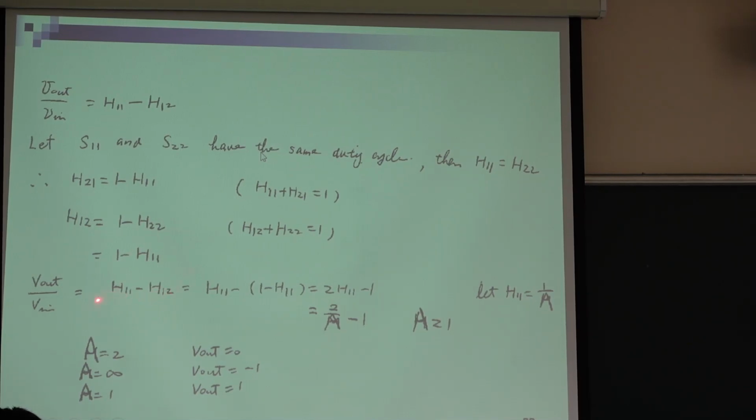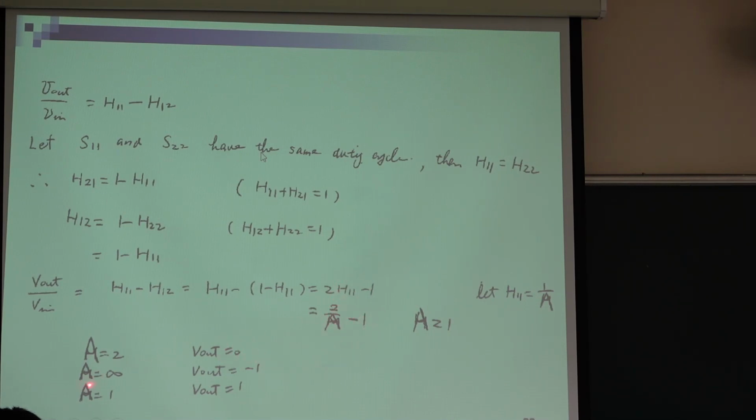So you have half positive, half negative. So what is the output? Equal to 0. So you can change A or you can change duty cycle to change the output ratio, or we call the gain of the output. So if A equal to 2 here, 2 divided by 2 become 1. 1 minus 1 becomes 0.